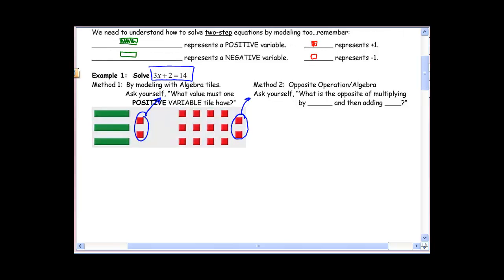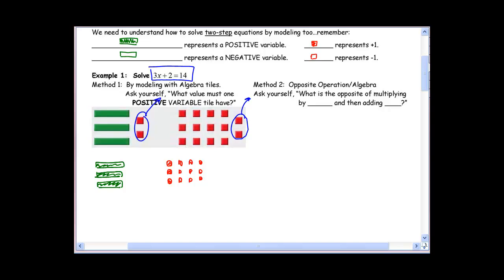And so if I do that, what I have now as my new picture is I've got my 1 rod, 2 rods, 3 rods, so I still have my 3 rods on the left side. But now on the right-hand side, look how many I have. 1, 2, 3, 4, 5, 6, 7, 8, 9, 10, 11, 12.